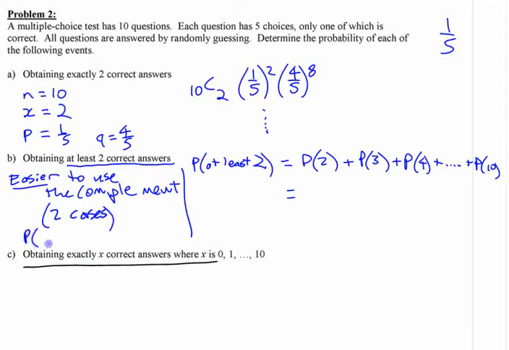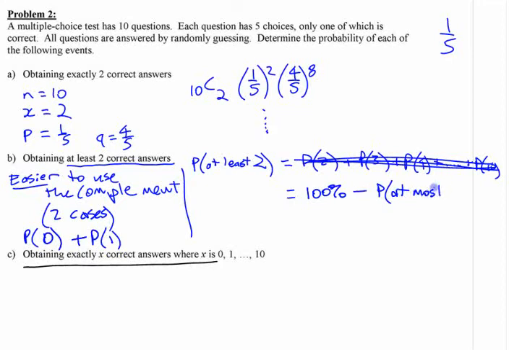The probability of 0 plus the probability of 1. So instead of doing this, I'm going to say the probability of at least 2 is 100% minus the probability of at most how much?